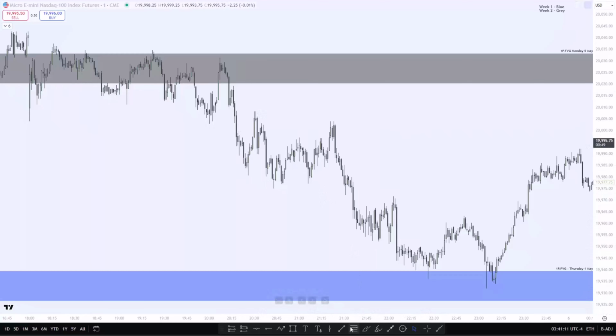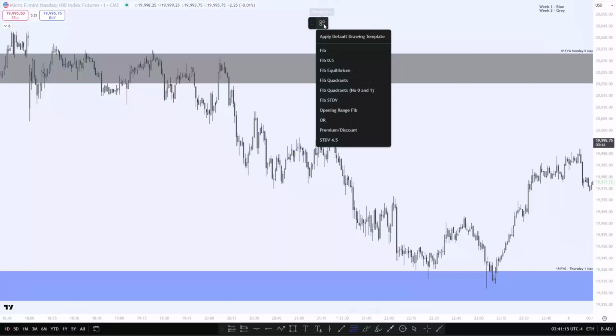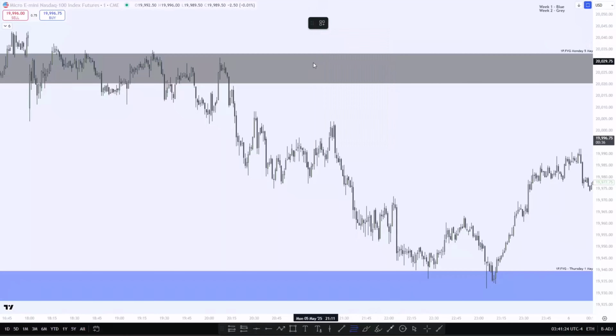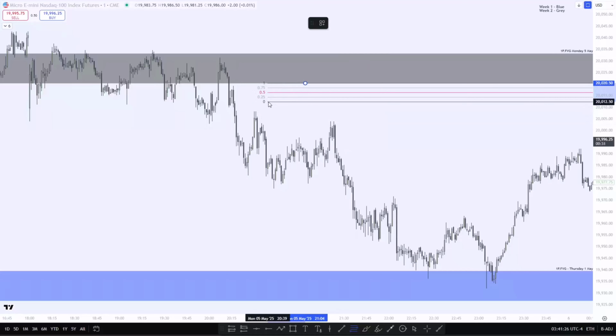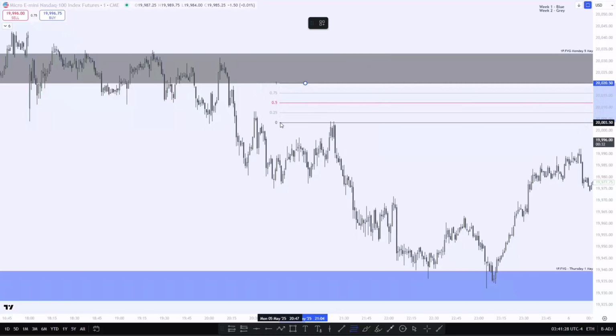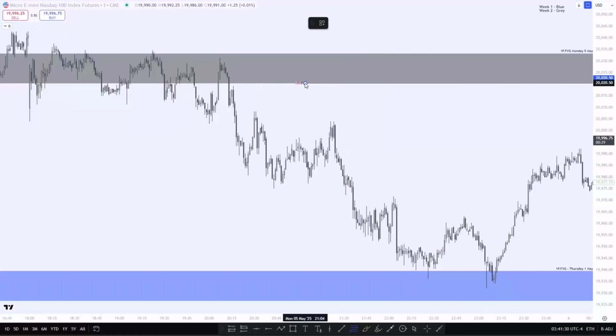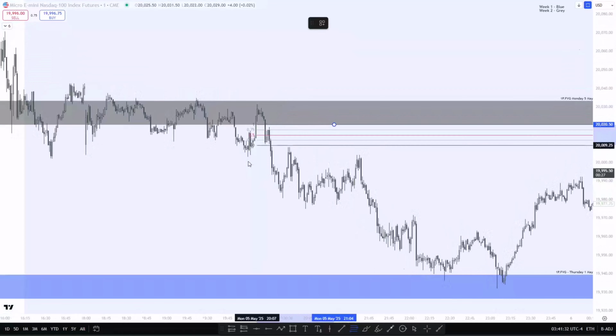So what you want to do is take your fib, put the quadrants on, and then draw from the top of a first presented fair value gap.